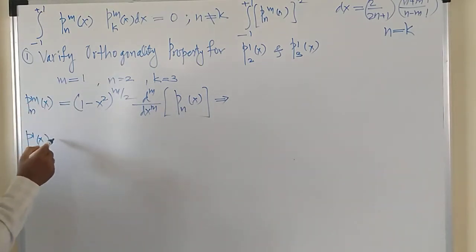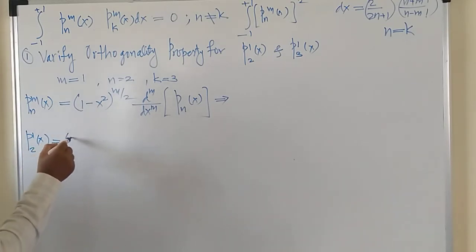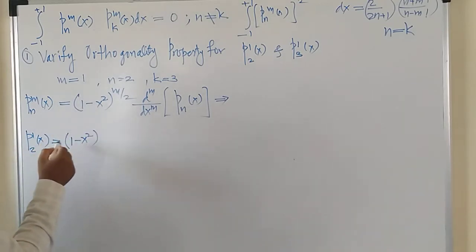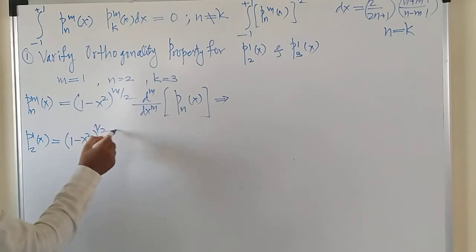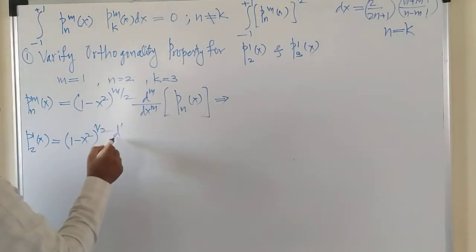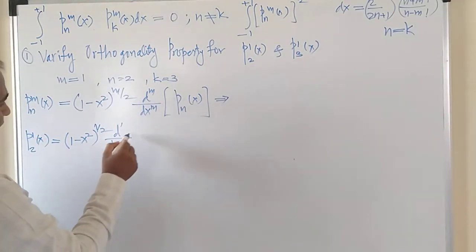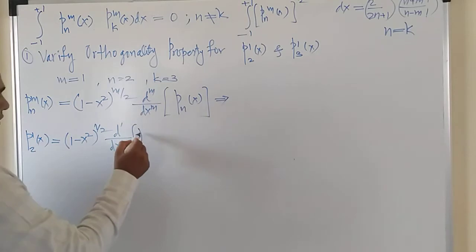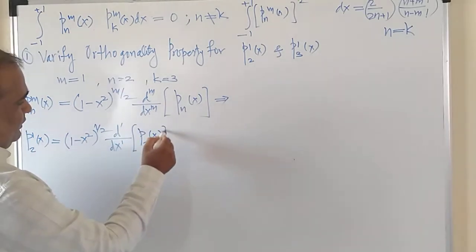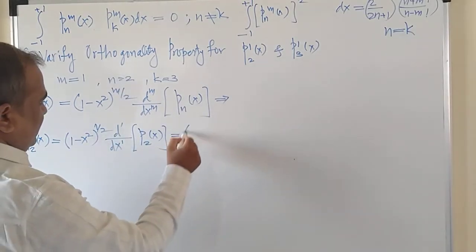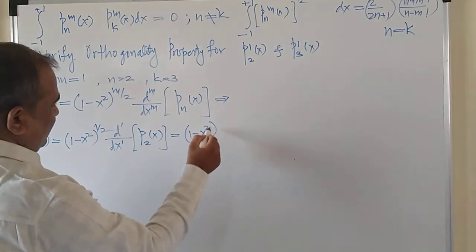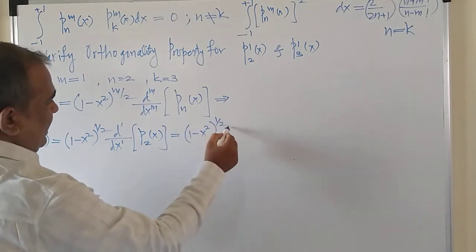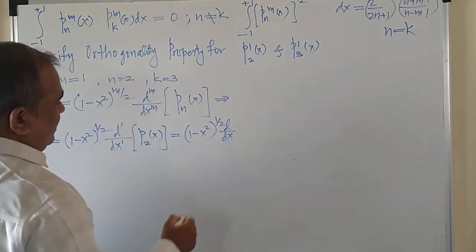Now I can obtain P21 of x. P21 of x will be equal to (1 minus x squared) to the power half, since m is equal to 1, times the first derivative of P2 of x.